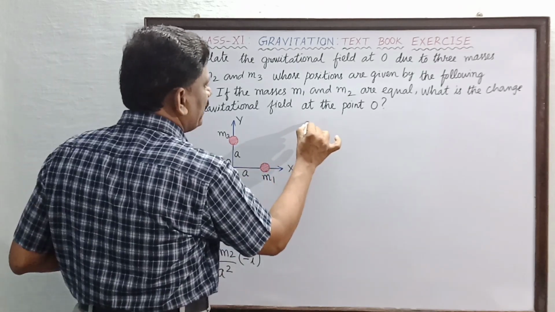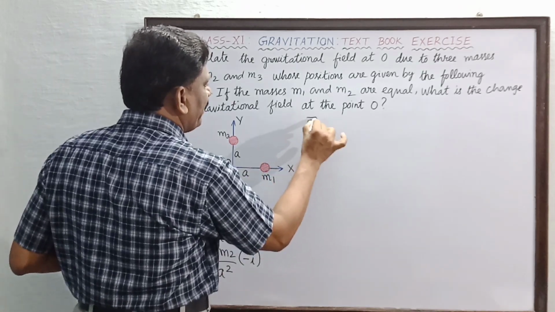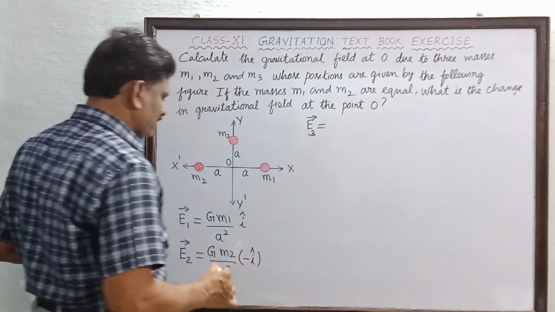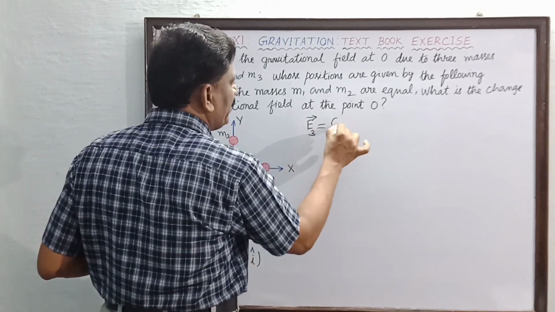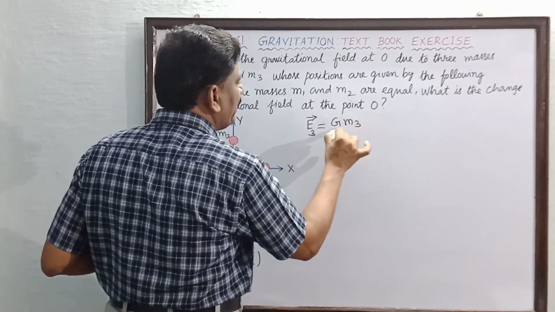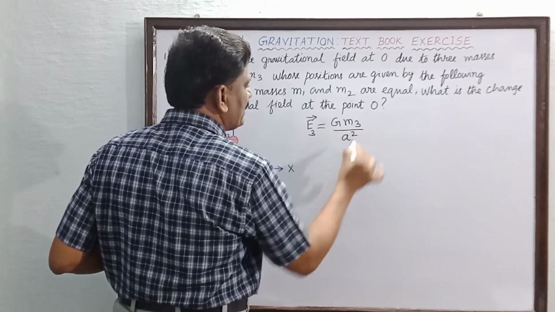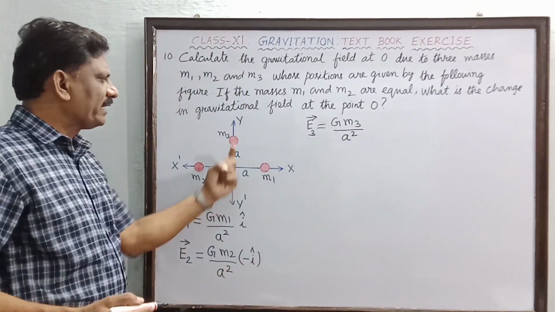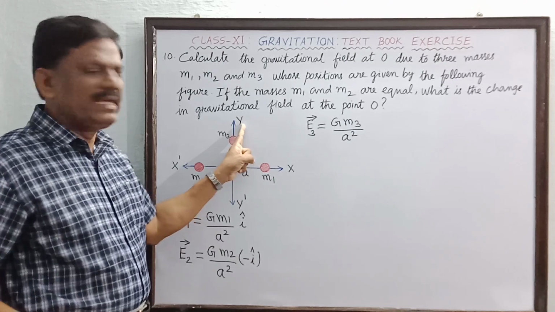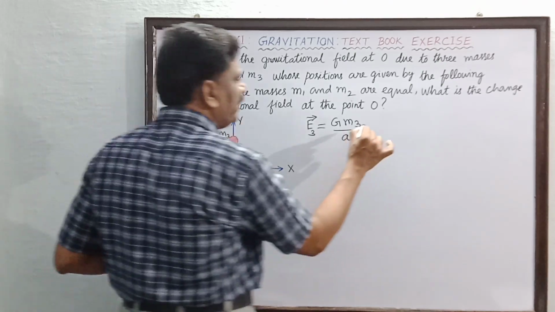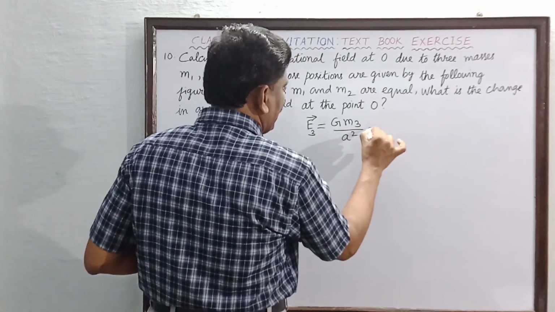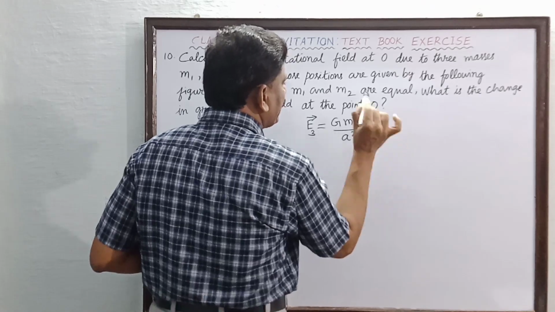And the third one, E3 vector, gravitational field due to the third mass. So this is equal to capital G into mass m3 divided by distance square is the same, but it is attracted along the y-axis. So the unit vector along the y-axis is what? j cap. So this is j cap.